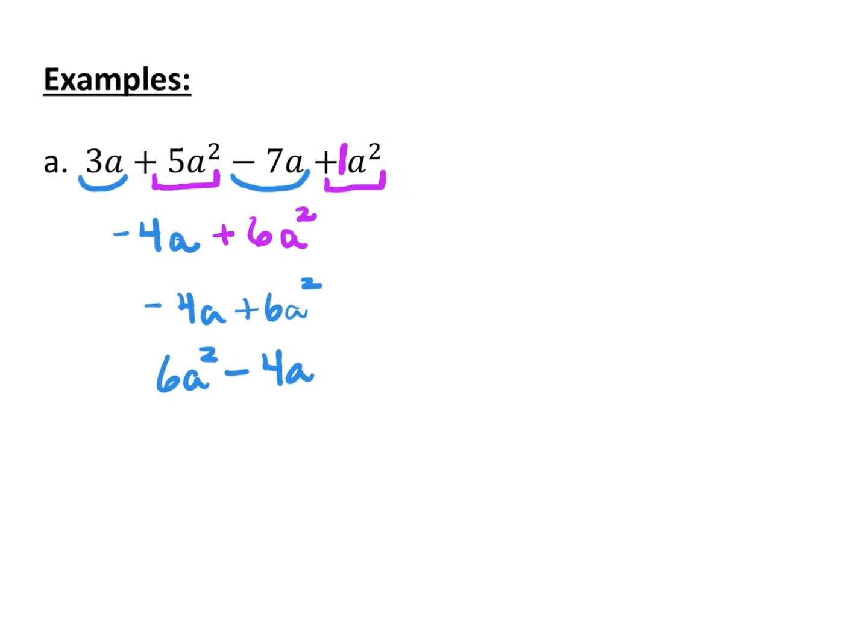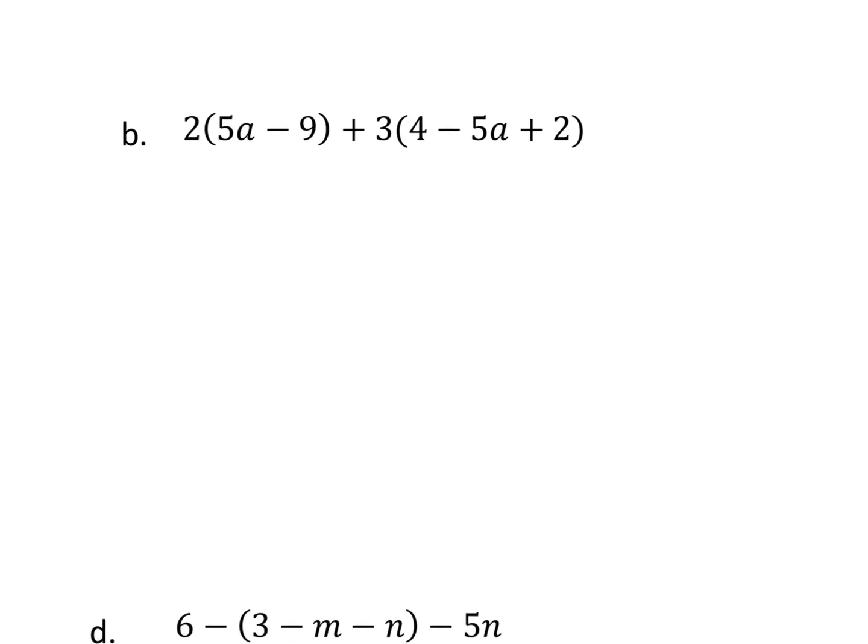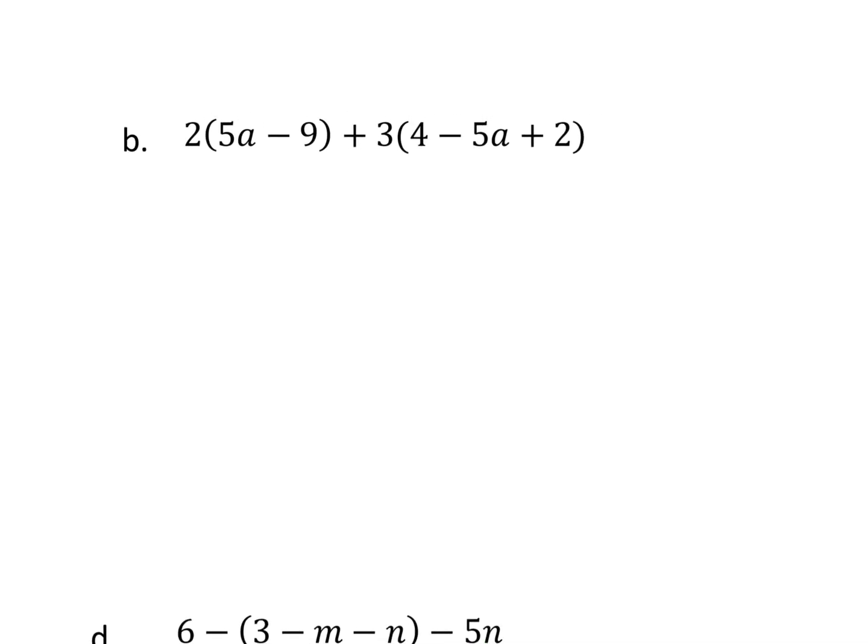All right, let's look at a couple more examples. Let's come over to example B. In example B, we do have parentheses, so we do need to distribute. And so distribute means that everything inside the parentheses needs to be multiplied by whatever is on the outside of the parentheses. So here I have 2 times 5a, which is 10a. I want to multiply 2 times minus 9, and that is going to be minus 18.